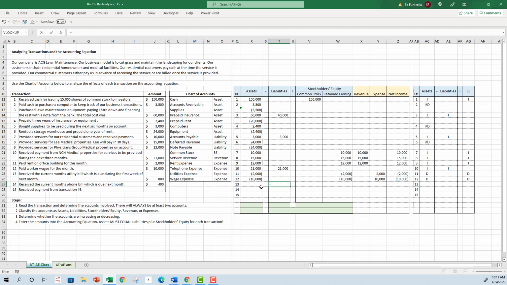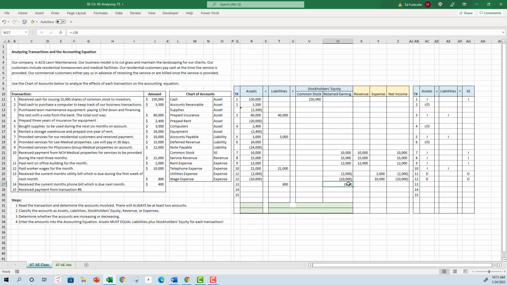So as we enter our information into the accounting equation for transaction 13, we increase our liabilities and we decrease our retained earnings. The increase in liabilities represents the fact that we owe the utility company $800.